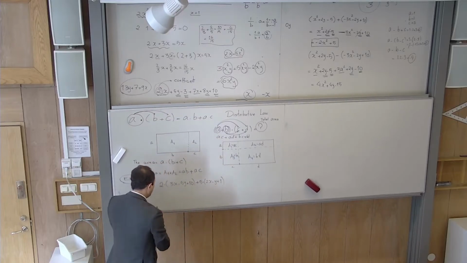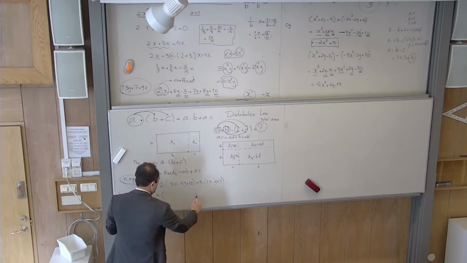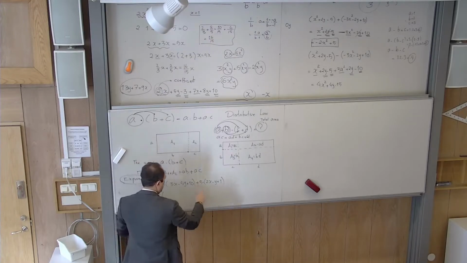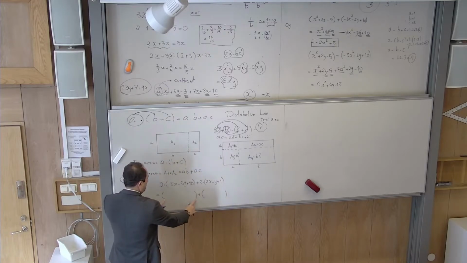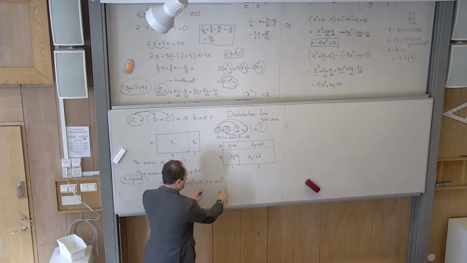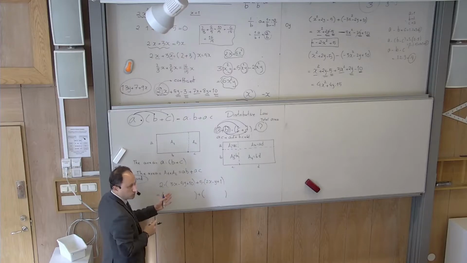If you want to be very rigorous, the principle is that you need to open this pair of brackets plus another pair of brackets. What should I put inside this pair of brackets? The result of this product. What should I put in this pair of brackets? The result of this product. Yes? It is not necessary for me. I want you to understand. If you can do it quicker, much better.